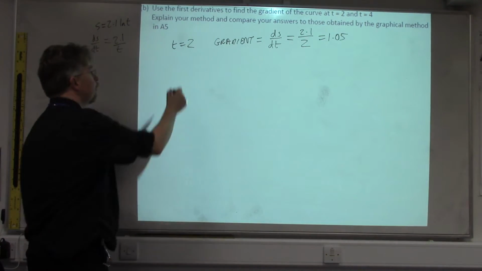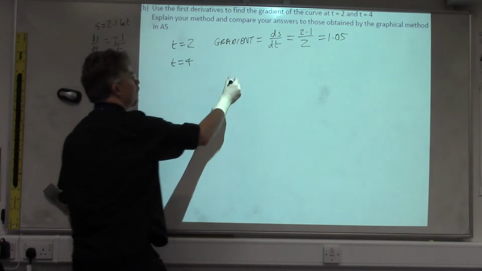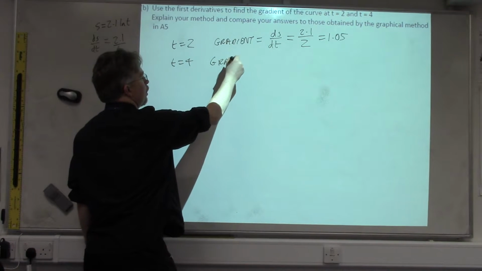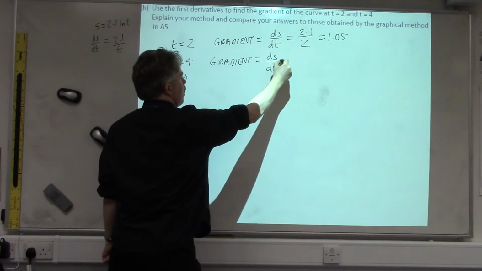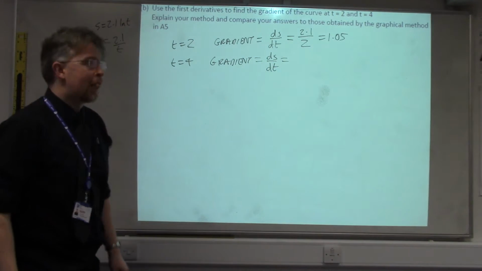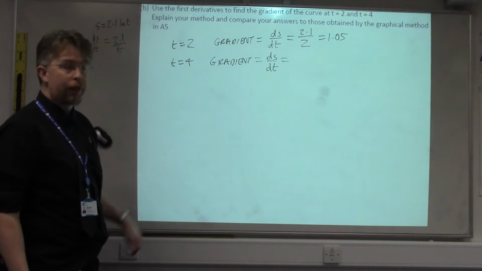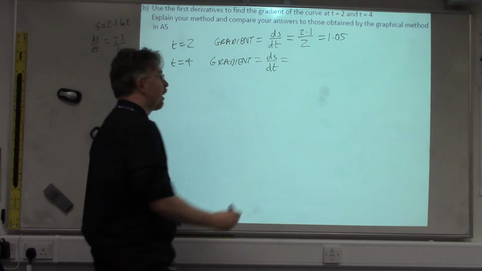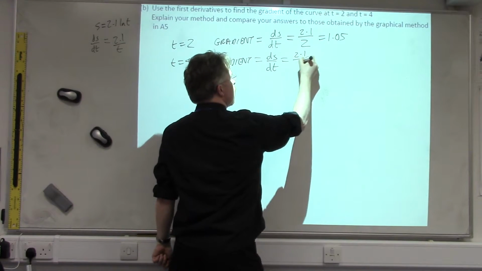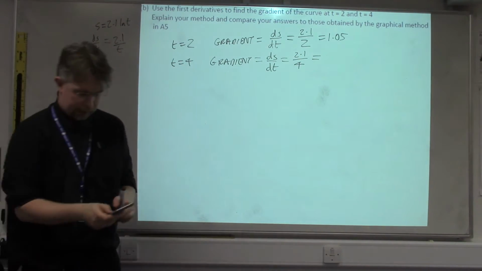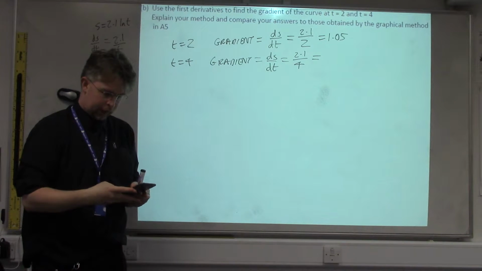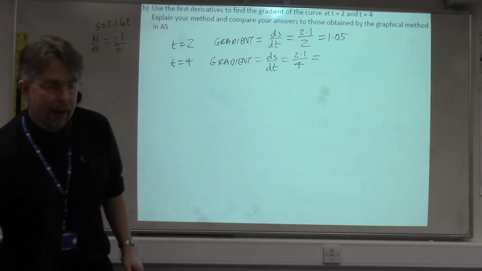Do the same for t equals 4. The gradient is ds by dt with t equals 4 filled in. So 2.1 divided by 4 equals 0.525.